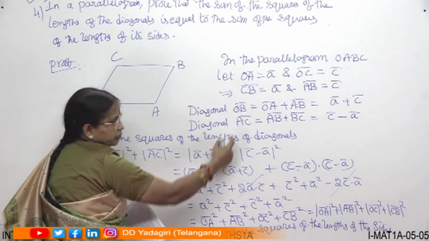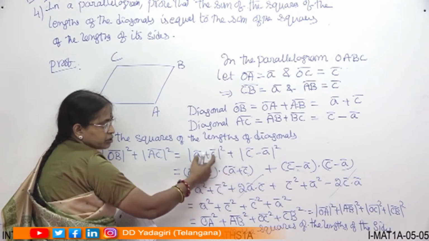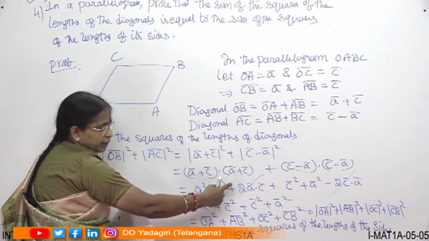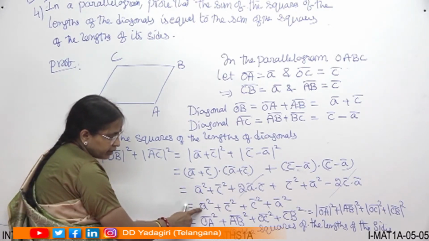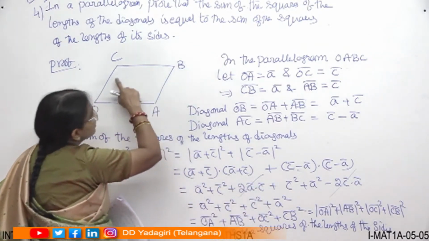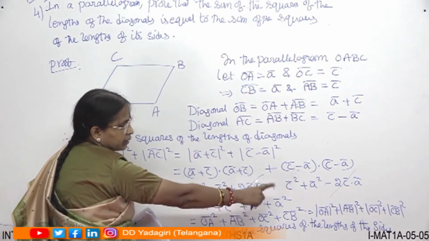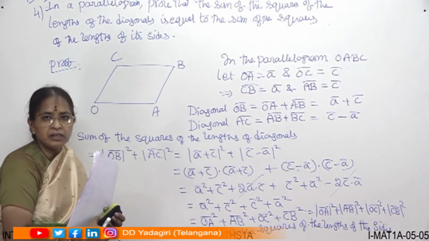So you substitute the values and expand. You know that A square is A dot A. So take the dot product, expand, then this will get cancelled. You will get like this. So write one A square as OA square and another A square as CB square. When you write like that, it becomes the sum of the squares of the lengths of the sides.